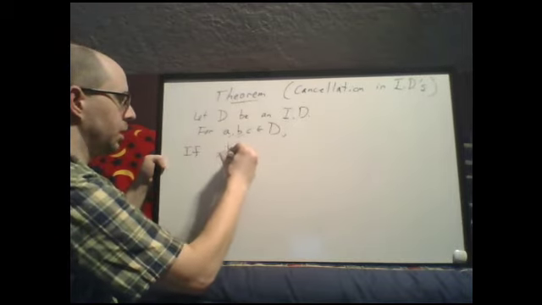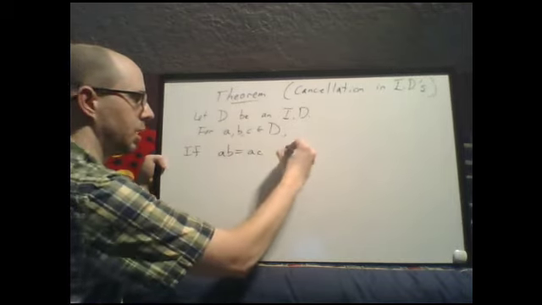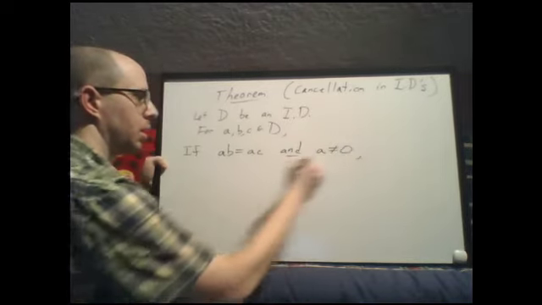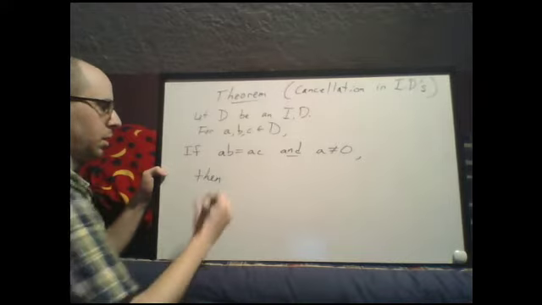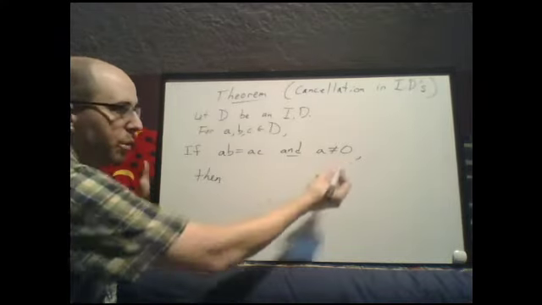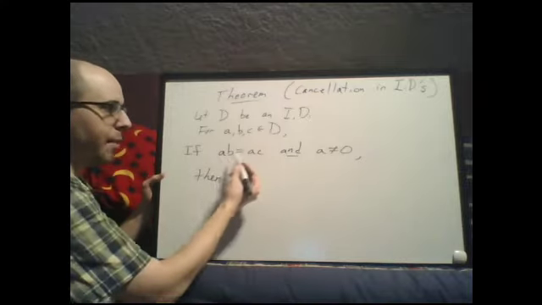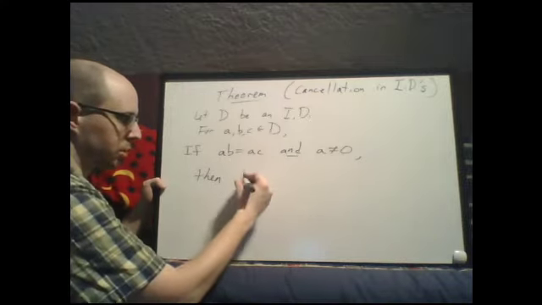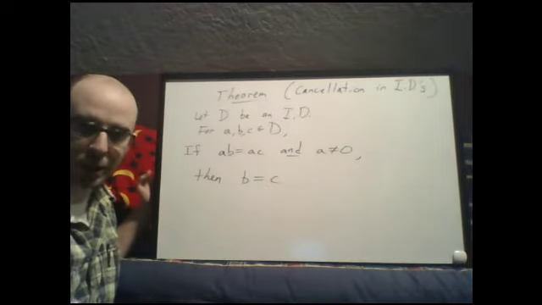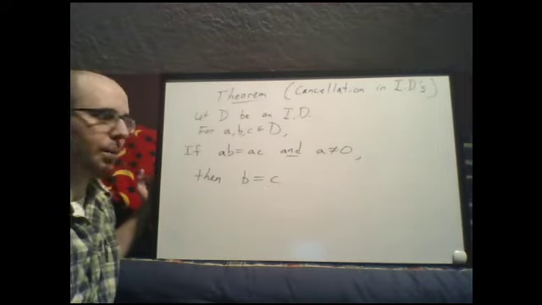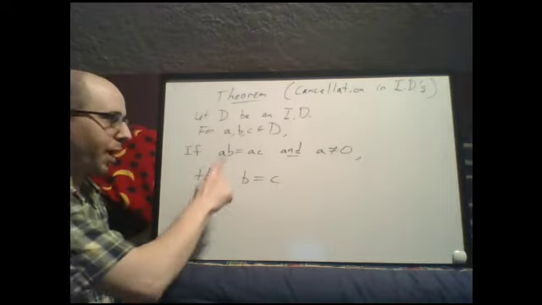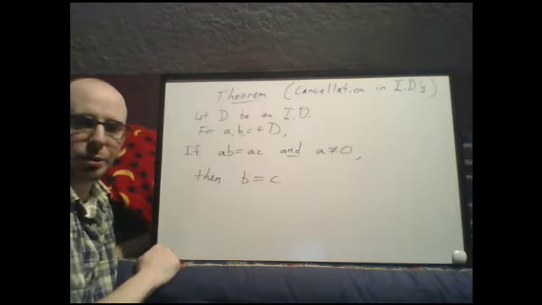If AB equals AC and A is not 0. So if A times B equals A times C, and we know A is not 0, then I'm free to cancel the A's and conclude that B equals C. So just like I did in the integer example, I'm allowed to divide by non-zero elements if I have that same element on both sides of the equation.